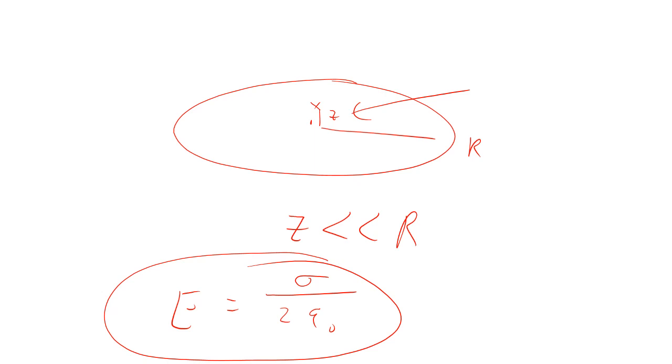The r's have canceled out. The only thing that matters is sigma. So what is the charge per area? And so you end up with this constant value right here. That means everywhere above those plates is a constant value.